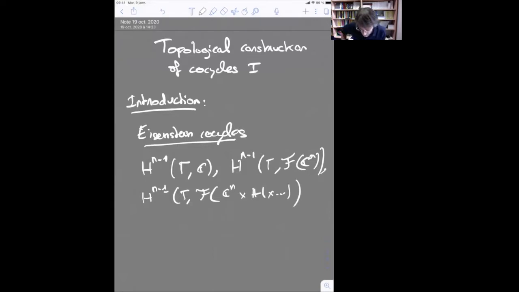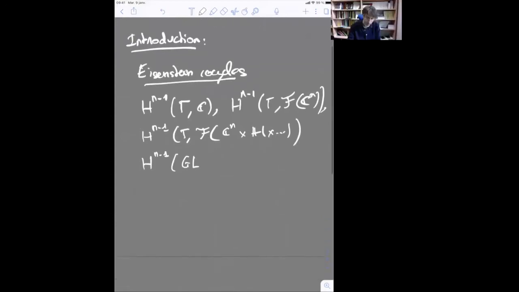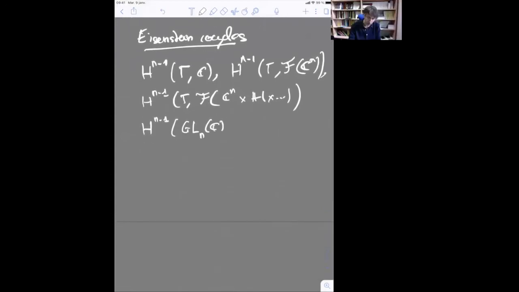All these occur in the literature, and I would like to add some more simple object that I will discuss at length also: a cocycle of the group GL_n(C), considered as a discrete group, with values in again a space of functions on C^n. Let me just say that gamma above is a finite index subgroup, finite index in GL_n(Z).